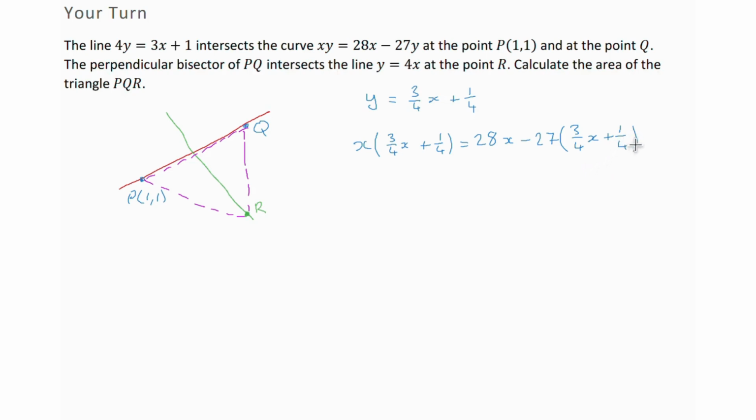I'm going to multiply through by 4 just to get rid of all those fractions. So multiplying everything through by 4, I'm going to get x(3x + 1) = 112x, since 28 times 4 is 112x, take away 27(3x + 1).